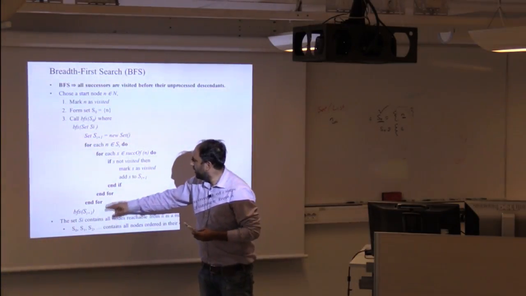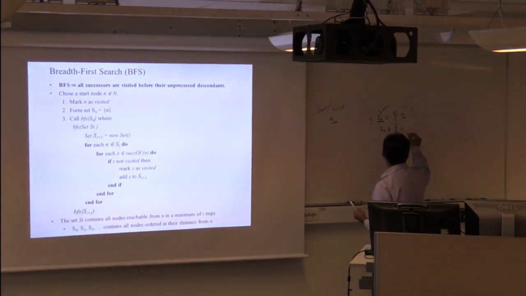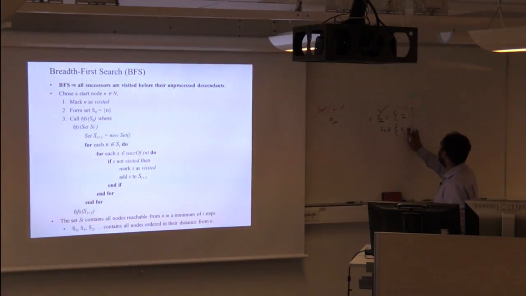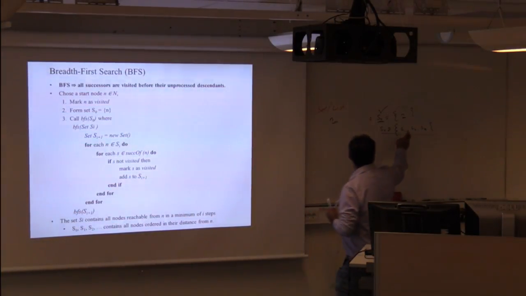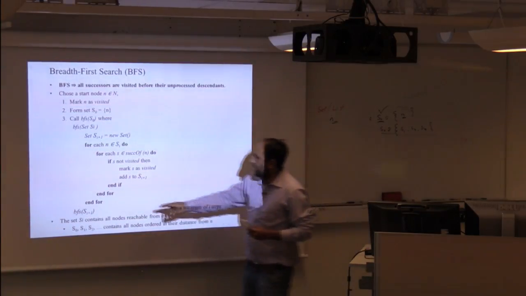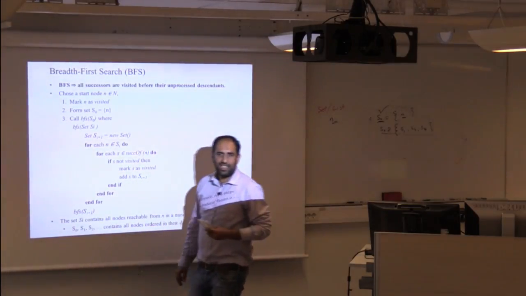In the end, when all the successors have been visited and we have computed a new set, if n has only one successor, you might get only one node in this set S1. If n has 3 successors, let's say S1, S2, S3, then maybe S1 will have 3 nodes inside, and we call the BFS recursively on this new set.